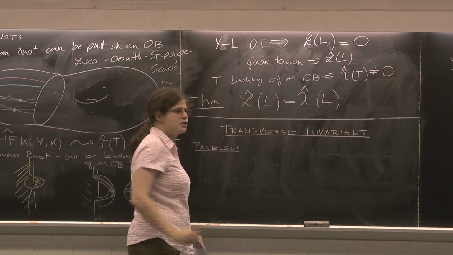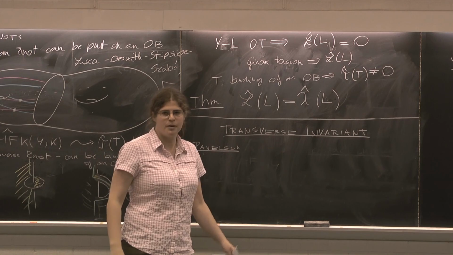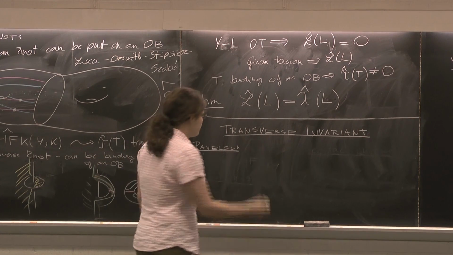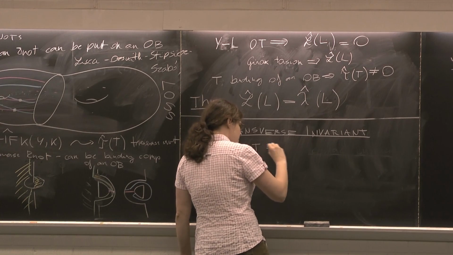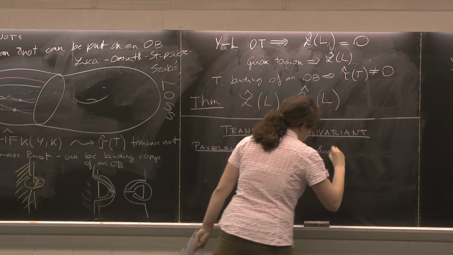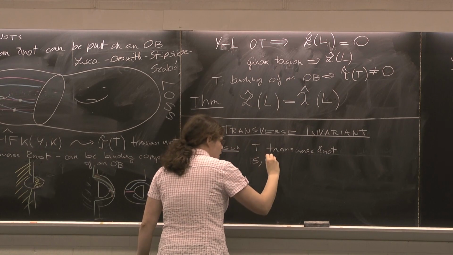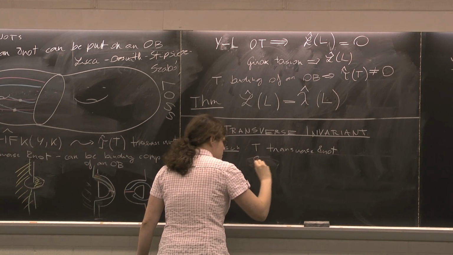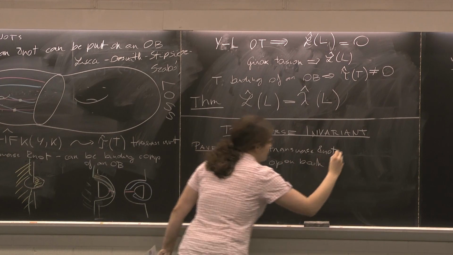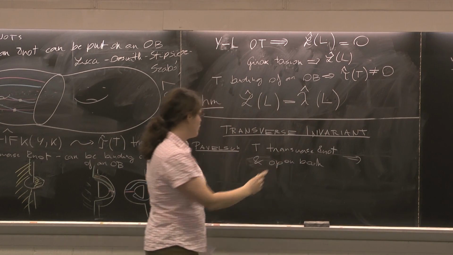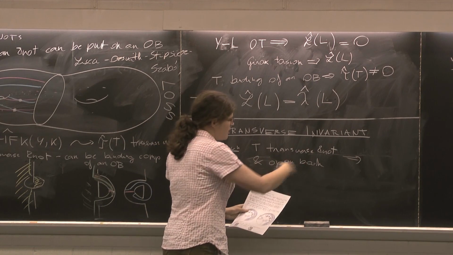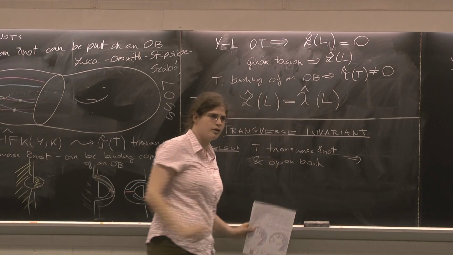So she has a result which is the Alexander's theorem for braids, that if you have a transverse knot, and then you have any open book, then you can always take a transverse isotopic copy of this transverse knot, so that it's going to be transverse to all of the pages of the open book.